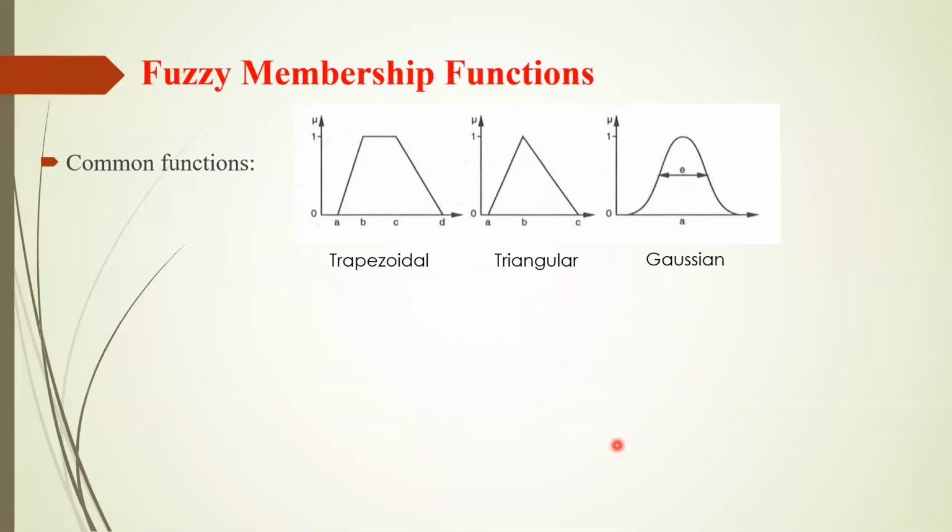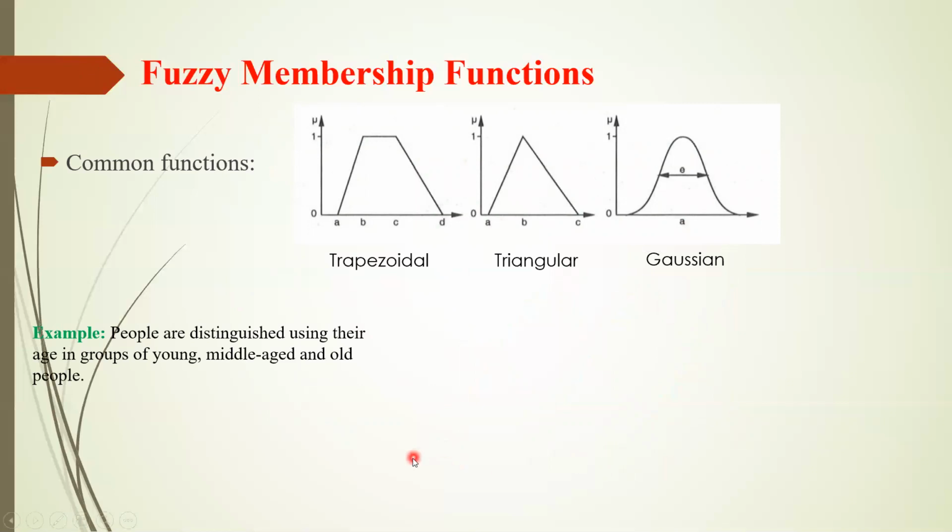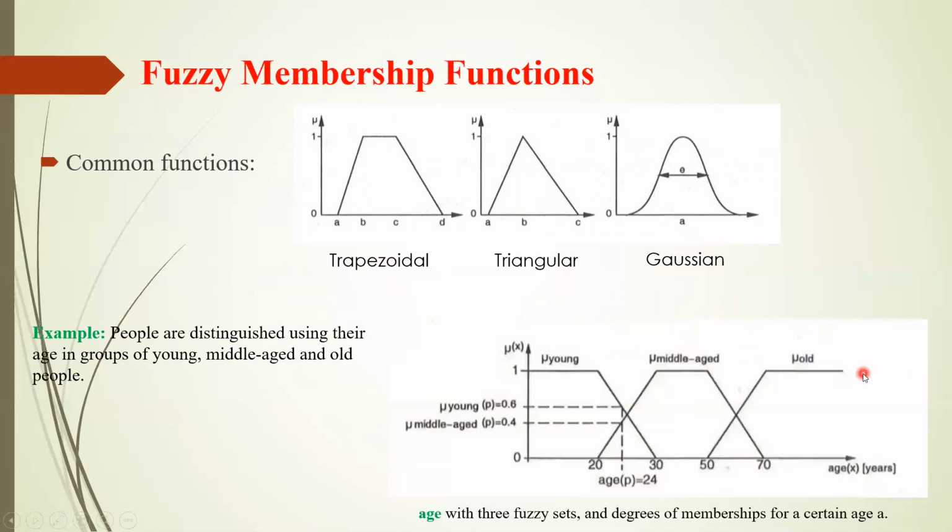Let's consider an example. People are distinguished using their age in groups of young, middle, and old age. Using fuzzy sets allows us to incorporate the fact that no sharp boundaries between these groups exist. We cannot say that young people start from this age until this.